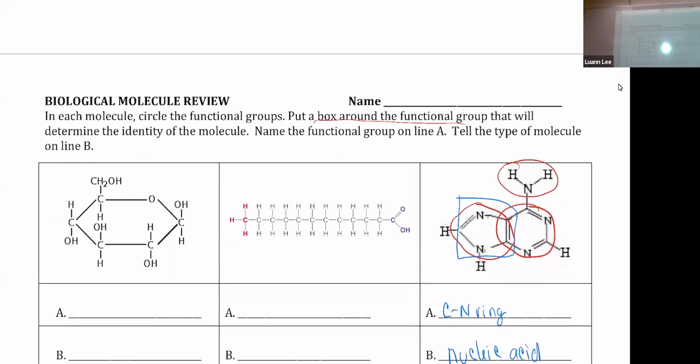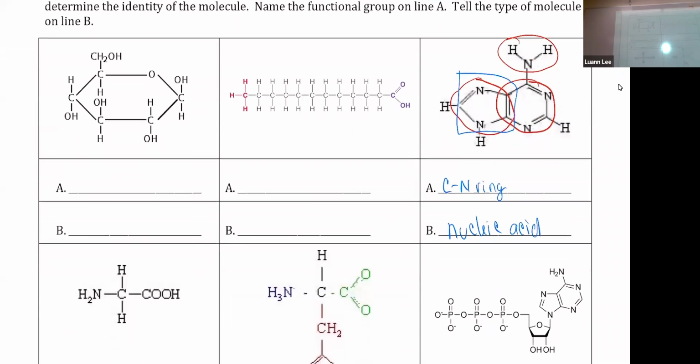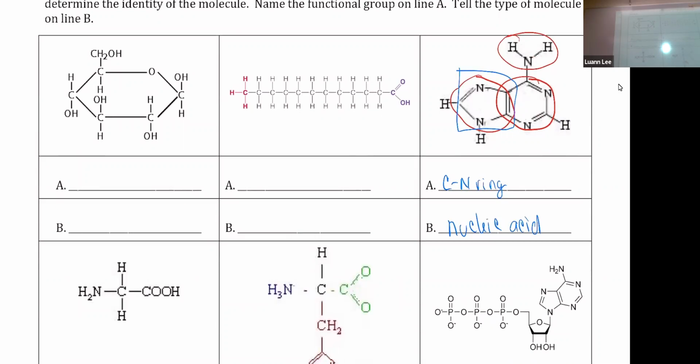Now, here is the whole reason you're doing this, so that you could look at a molecule and know from its structure what kind of molecule it is. You don't have to know that this is a glucose or this is a valine, or that's a cytosine. You just have to know, well, it's one of 20 amino acids.